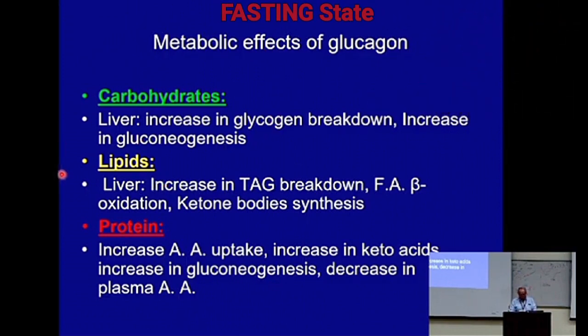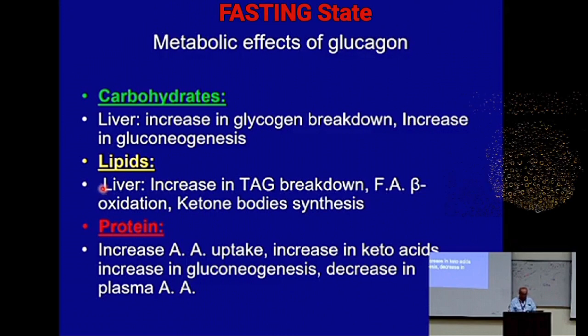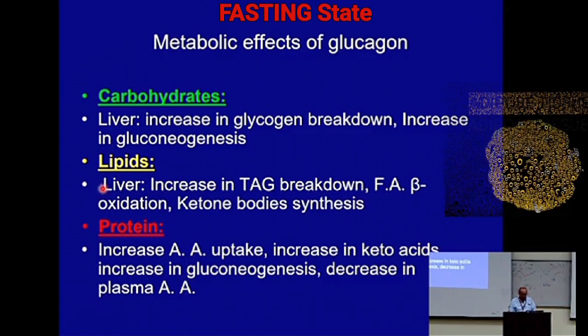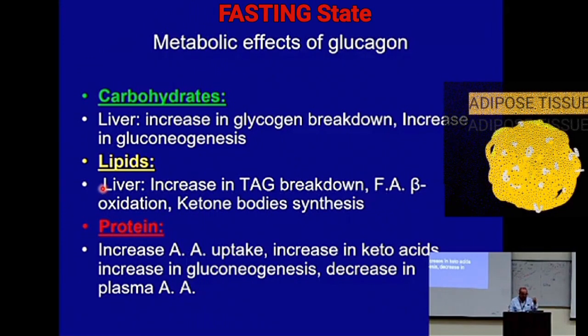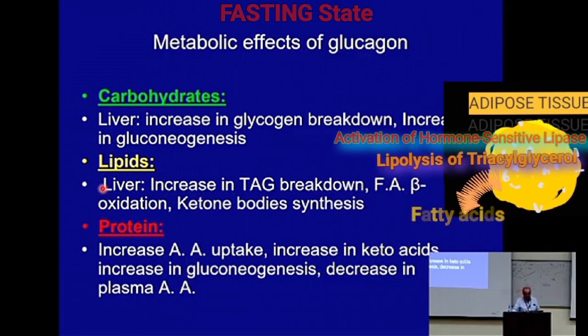What happens with lipids? You're going to use whatever TAGs were stored before, either in adipose tissue or the liver, as a source of fatty acids. So you break down TAGs. Lipolysis will be increased primarily by activating hormone-sensitive lipase.